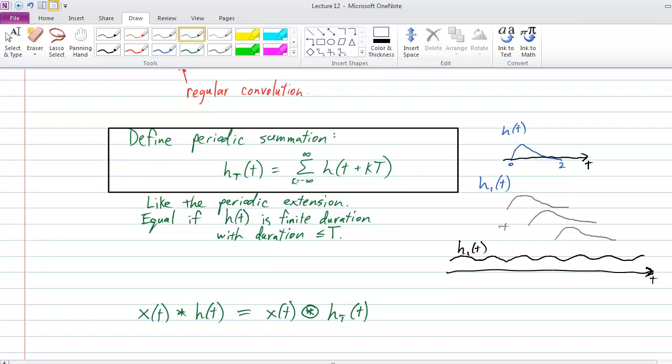It turns out that if you convolve a periodic signal with something that maybe has length greater than the period, all that actually matters in the calculation is the periodic summation of h. So that's actually interesting to think about. You could have two different h's here. Think of this as the impulse response of the system. You can have two different impulse responses. As long as they have the same periodic summation, then the result of the convolution of your periodic signal will be the same with either of them. So it's kind of interesting.